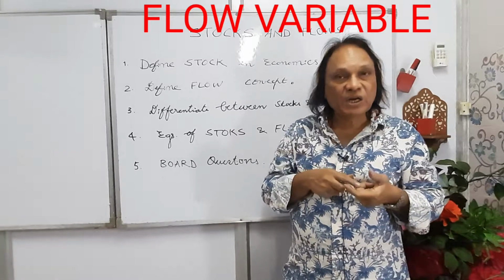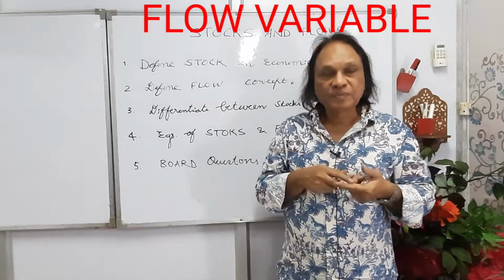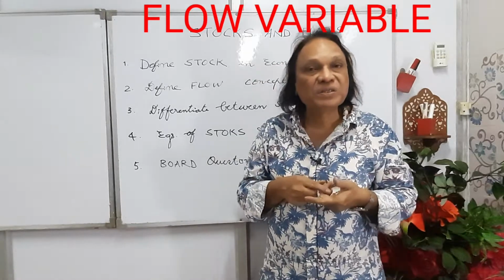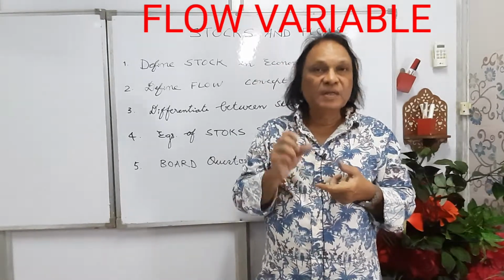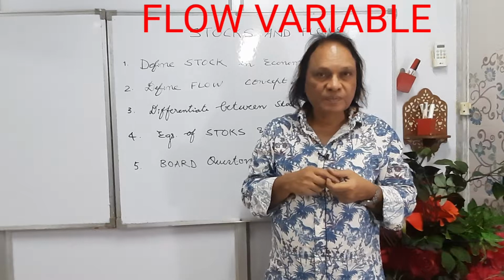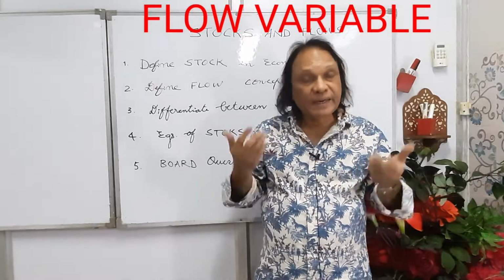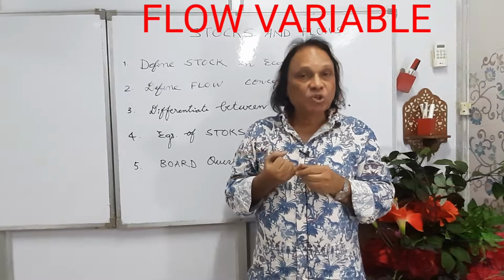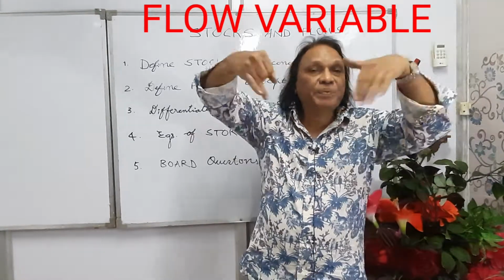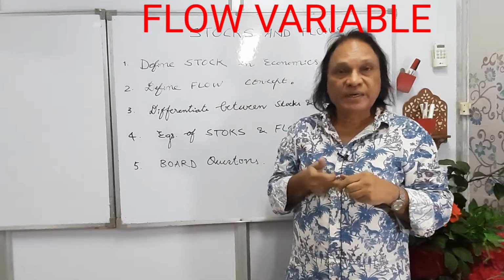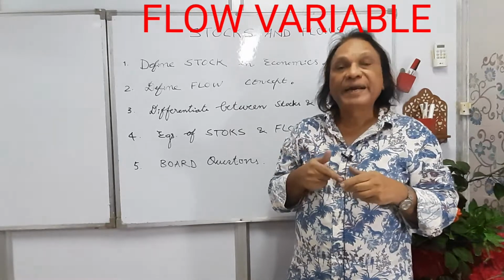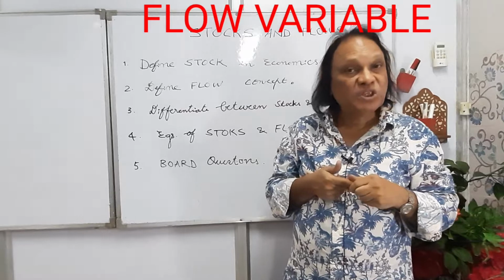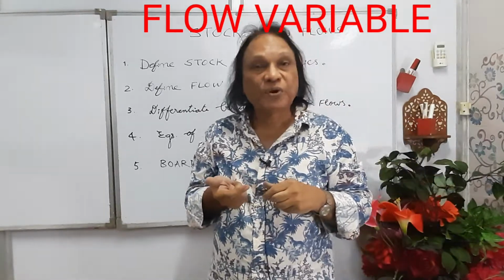Your dad's income is a flow concept, because how much money he earns in a month, that is a flow concept. All national income aggregates, maybe GDP, gross domestic product, maybe GNP, gross national product, maybe NDP, net domestic product, NNP, net national product.